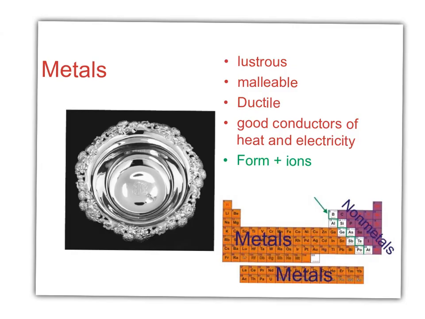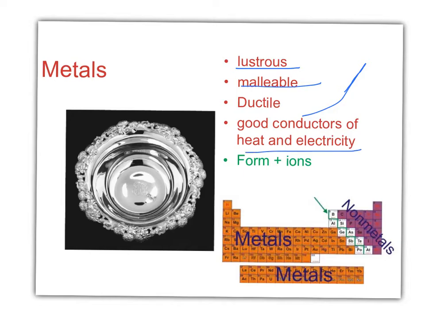In general, the metals on the left-hand side are lustrous, just a fancy word for glossy, and malleable, which means you can hammer them into a sheet. Ductile means you can draw them into a wire. They are good conductors of heat and electricity.